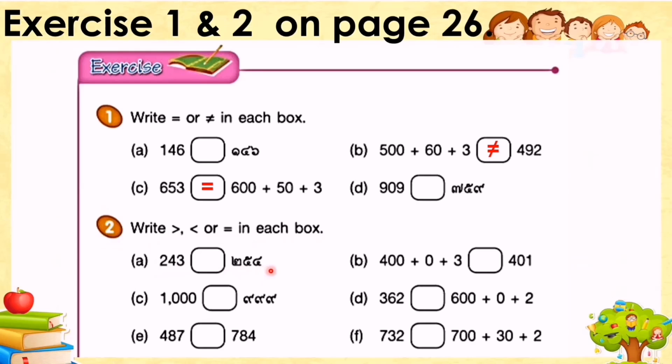This is the bigger number, right? So, the answer here is less than. Again, you will face the bigger number. Letter B. If you will compare 403 and 401, are they the same?